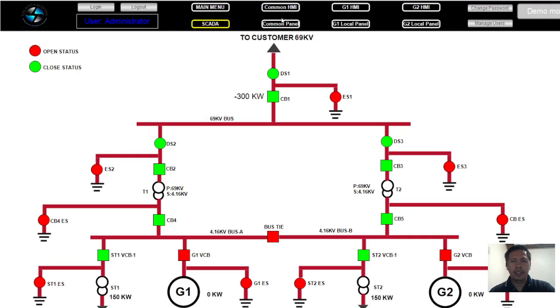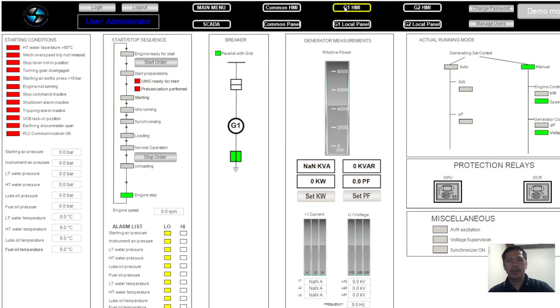To prepare generator 1, we'll go to the generator 1 HMI. This is the dashboard for generator 1. As we can see, there are starting conditions here prior to starting the engine. These conditions must be achieved so we can start the engine. Otherwise, the engine will not start, or the genset will not start.